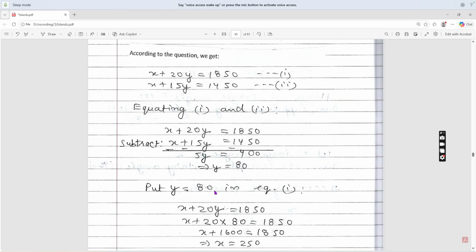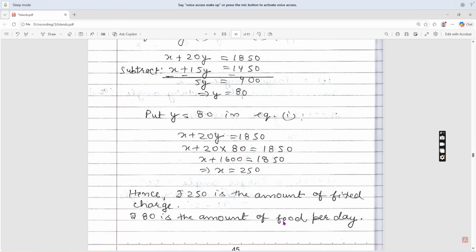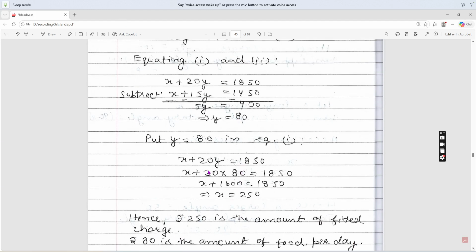Now put y equal to 80 in equation 1. x plus 20y is equal to 1850. x plus 20 into 80 is equal to 1850. So x plus 1600 is equal to 1850. So x is equal to 1850 minus 1600, which is equal to 250. Hence rupees 250 is the amount of fixed charges. Rupees 80 is the amount of food per day, which is equal to y.